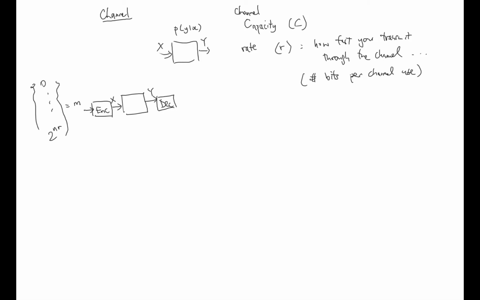This number goes through the encoder, and the encoder sends some signal into the channel, and at the other end of the channel you get the Y. Earlier, I'm assuming that each message is modulated to just one channel use, in the sense that it is just one character here.